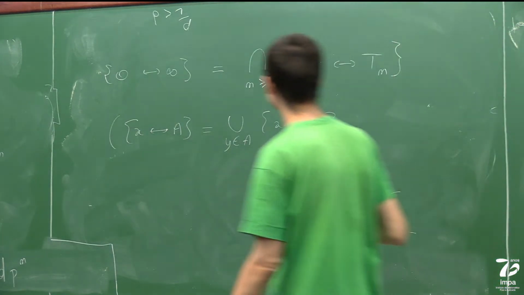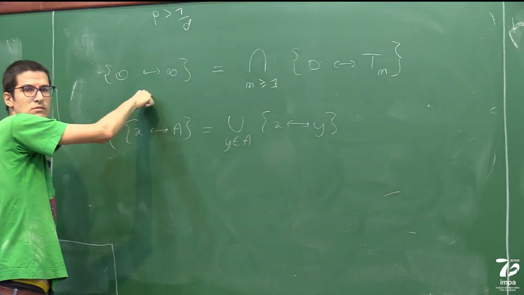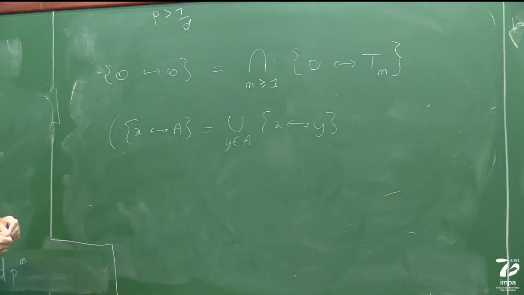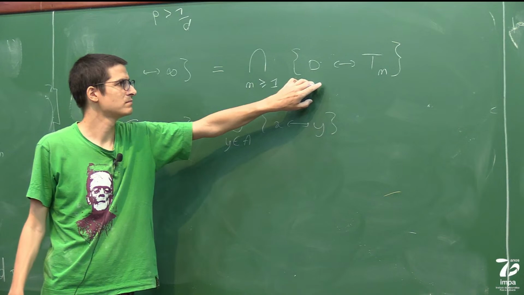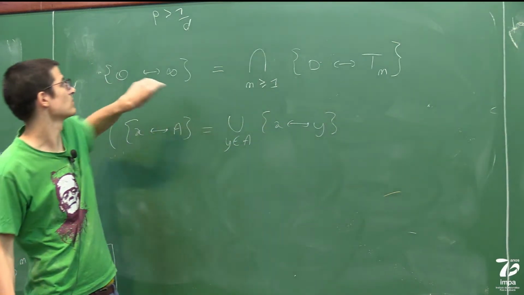Okay, so why is this true? Well, this inclusion is obviously true. And the other inclusion comes from the fact that if this happens, then 0 is connected to infinitely many vertices. So it's connected to infinity.